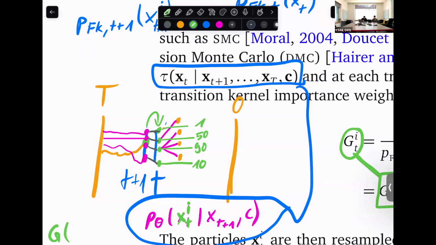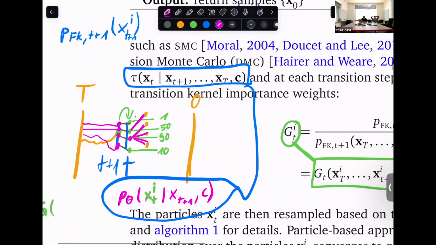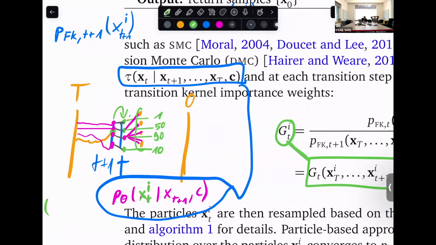Then maybe we end up sampling this one here once, because it has weight 50, and this one here 3 times. That's possible. So I've resampled, and then the idea is I repeat this step a bunch of times.